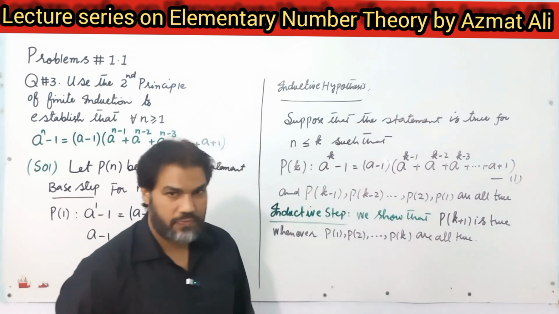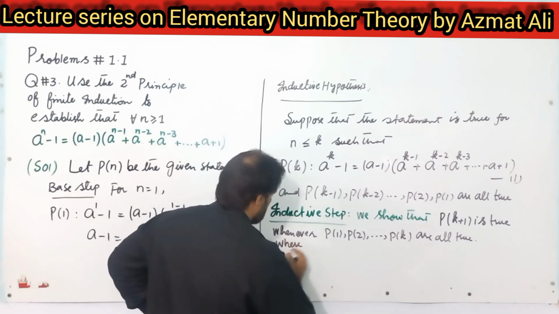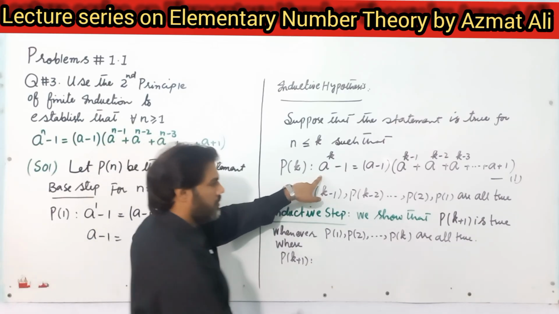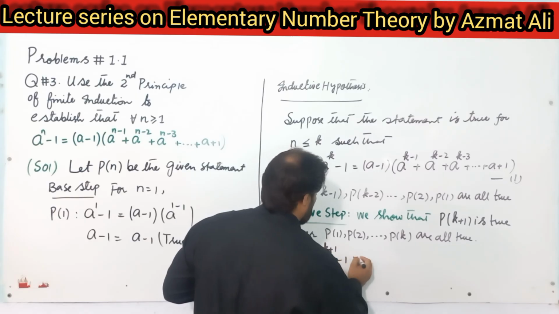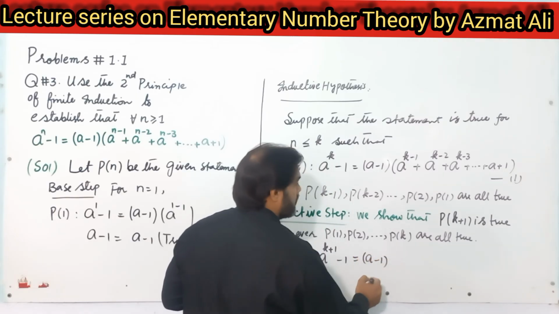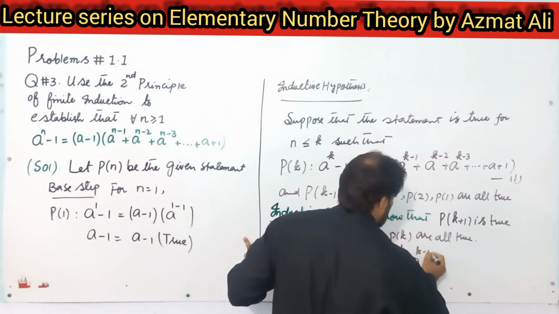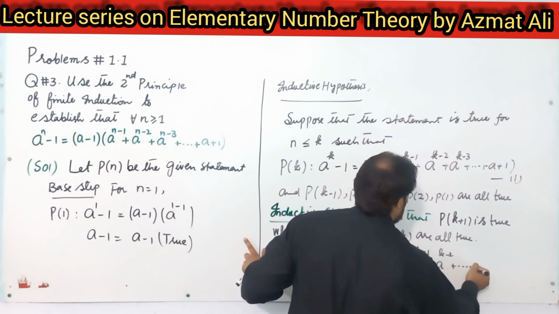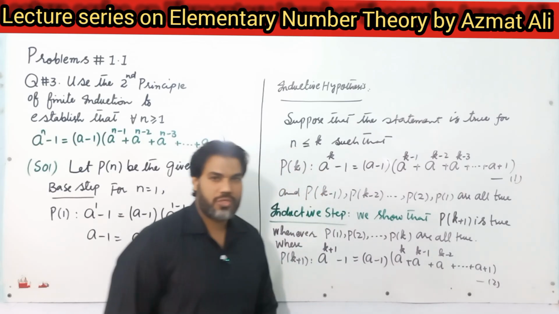What is the statement for n is equal to k plus 1? It is given by, if we substitute here n is equal to k plus 1 on both sides, we have a raised to power k plus 1 minus 1 is equal to a minus 1 into a raised to power k, a raised to power k minus 1, a raised to power k minus 2, and so on up to a plus 1. Say this is expression number 2.